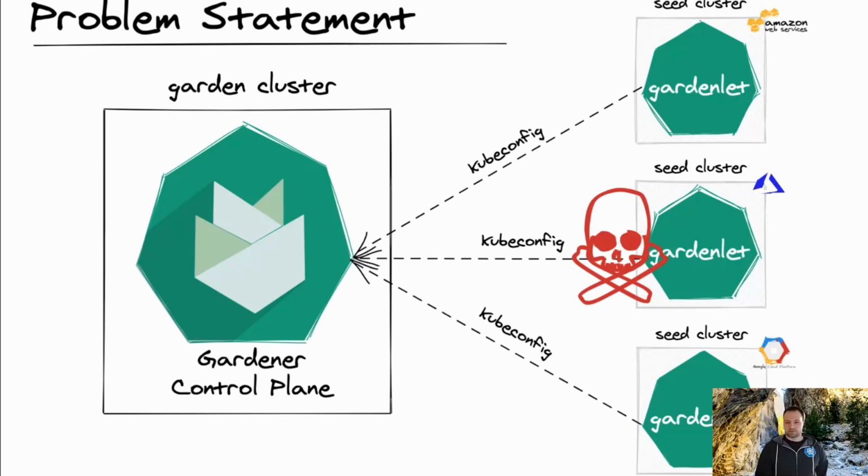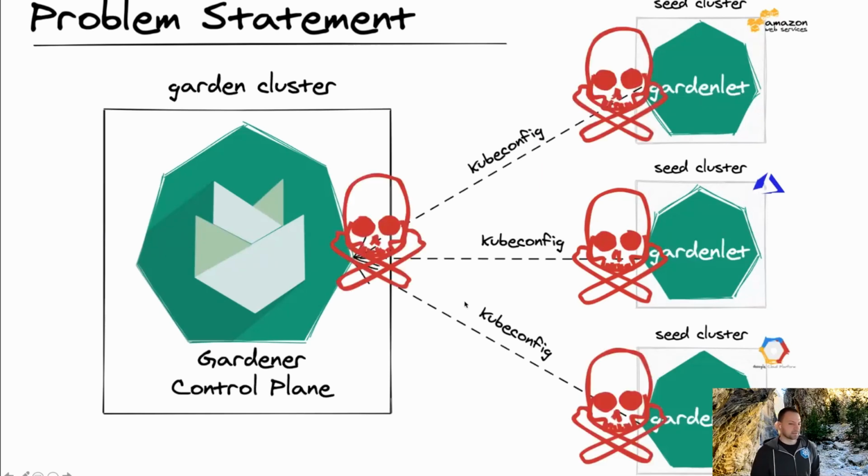Then obviously all the data related to the Azure seed is leaked in the garden cluster. But because it can access all the other resources as well, it also means that the entire landscape is kind of compromised now.